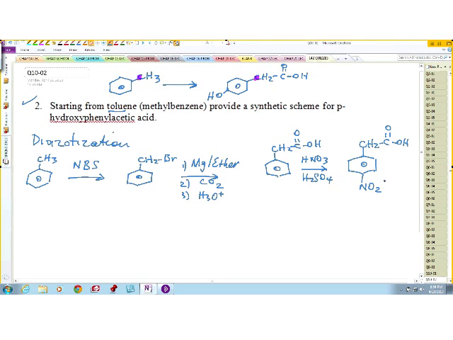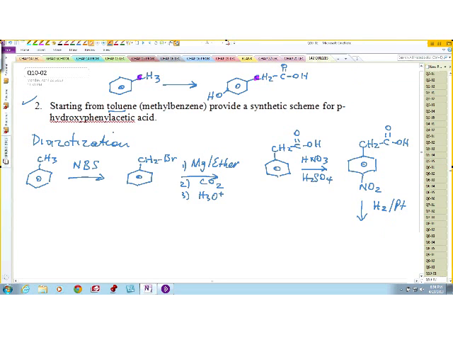Okay, then after you form your nitro group, what next? H2. Okay, you want to reduce the nitro to amino group? Yeah. You use hydrogen in the presence of a catalyst like palladium or platinum.